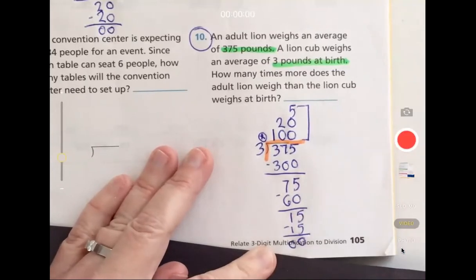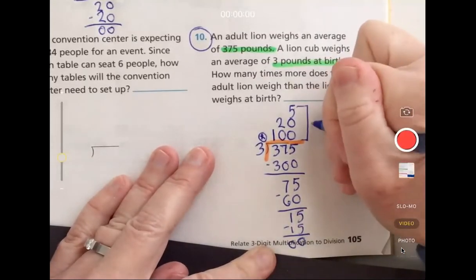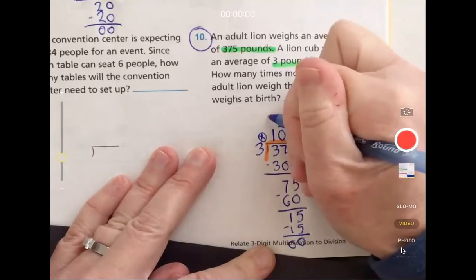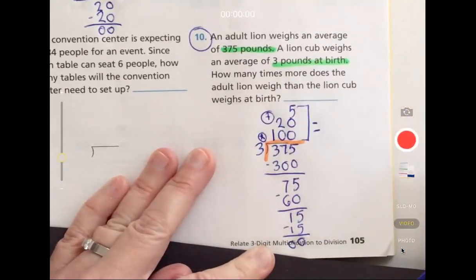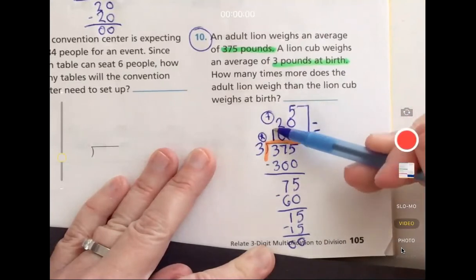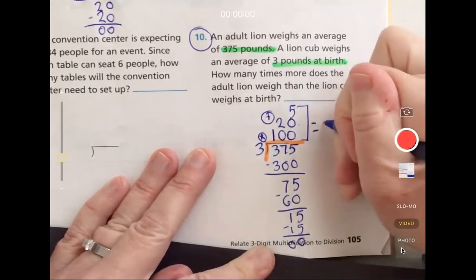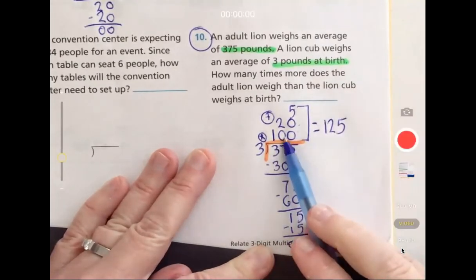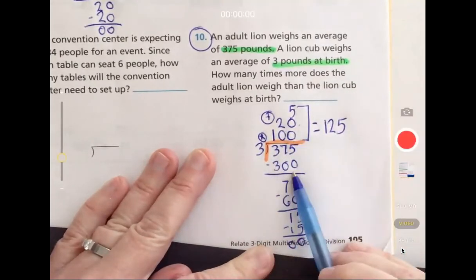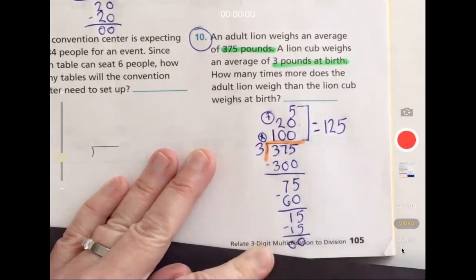There are not. And now to find that missing factor, we have to add these 3 sections together. Okay, 100 plus 20 plus 5. I hope you're seeing the place value. That's why I'm not even making another whole equation, because I can just see it right there.